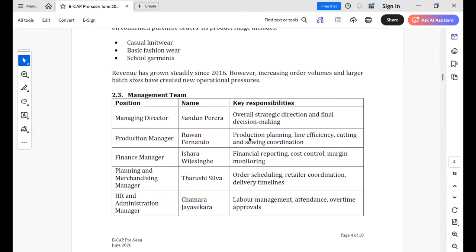So it is very important to have a person who has the production knowledge to run this plant as a GM, right? Then the finance manager, of course, does the typical finance job, and then planning and merchandising. This is another one. Planning is production planning. Merchandising means finding the customers, buyers.